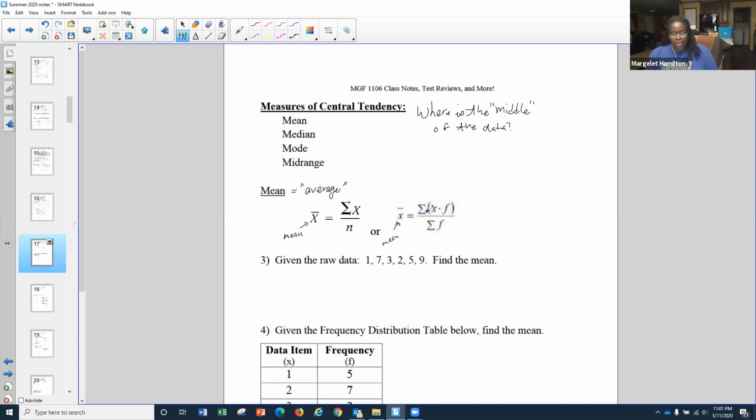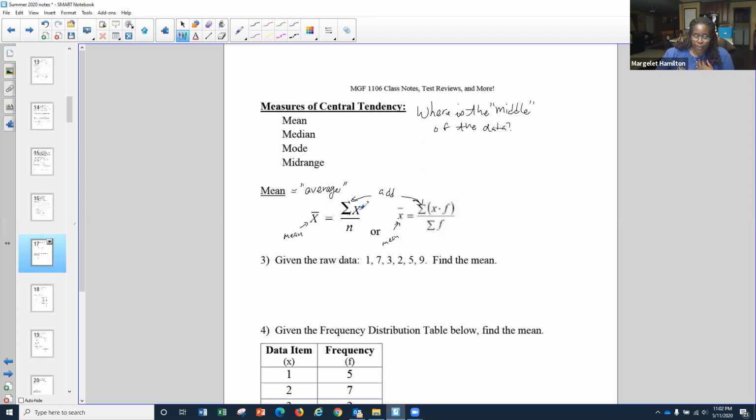This is the mean that we're going to use for our frequency distribution table. But they still have the same parts. We still have X bar. They still have the summation, where we're going to add some stuff. What are we going to add?